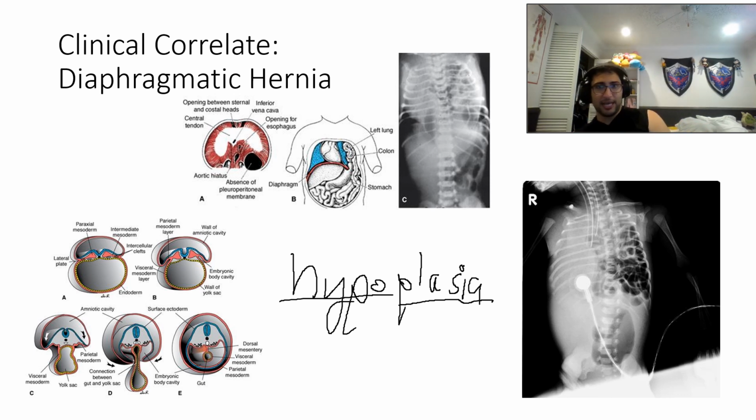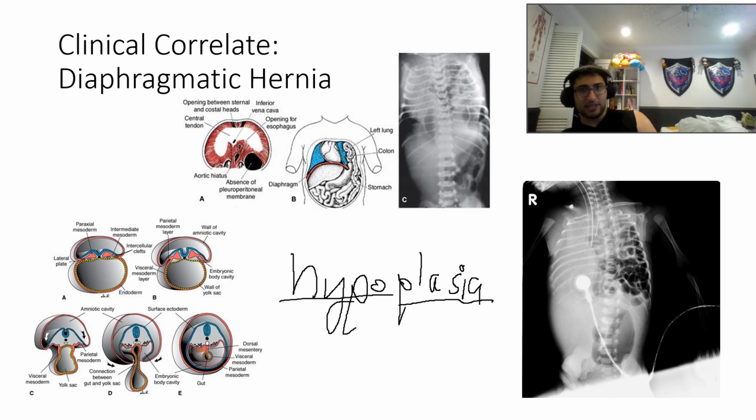That is bowel inside the thoracic cavity, and the lung is not able to grow due to the presence of this. This is very high yield, and unfortunately, there's not much you can do for the baby. It's usually lethal.